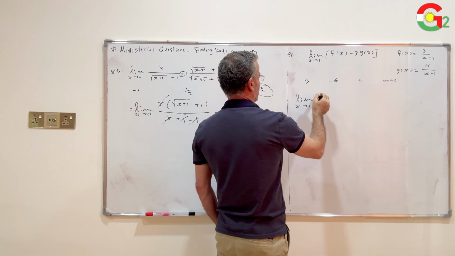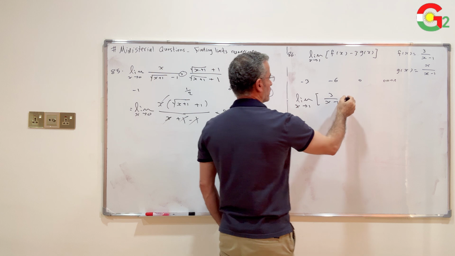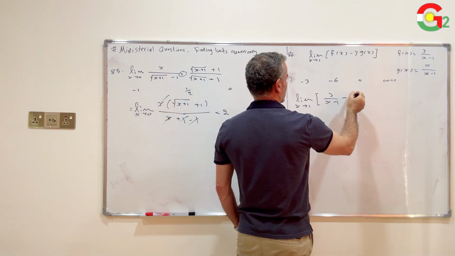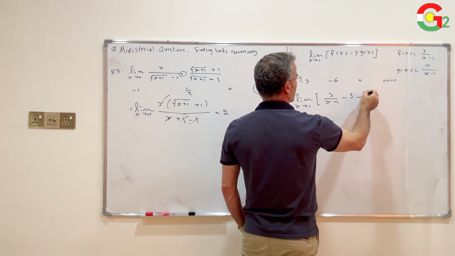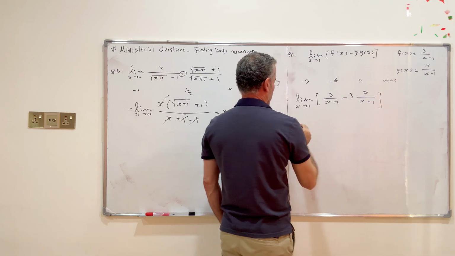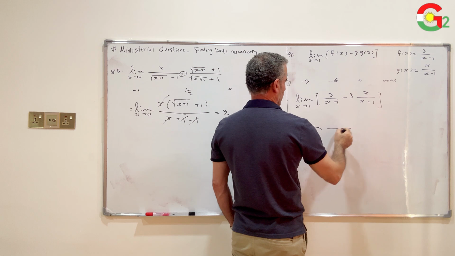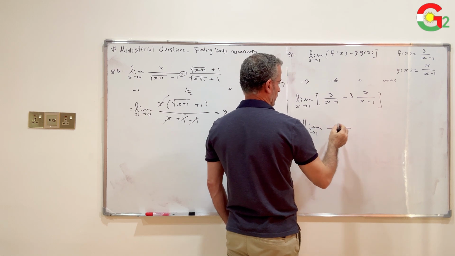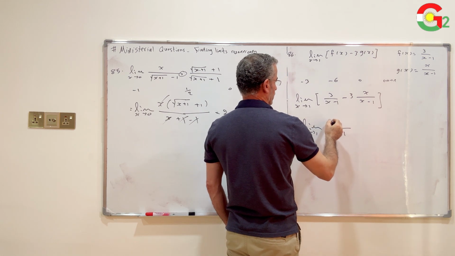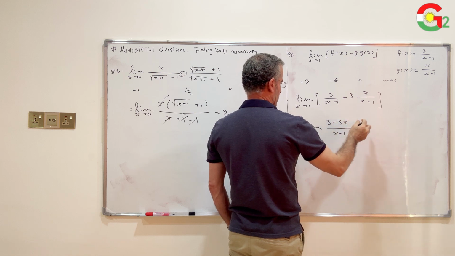The limit as x approaches 1 of f of x, which is 3 over x minus 1, minus 3 times g of x, which is x over x minus 1. Then the limit when x approaches 1, with x minus 1 as common denominator, the numerator will be 3 minus 3x.